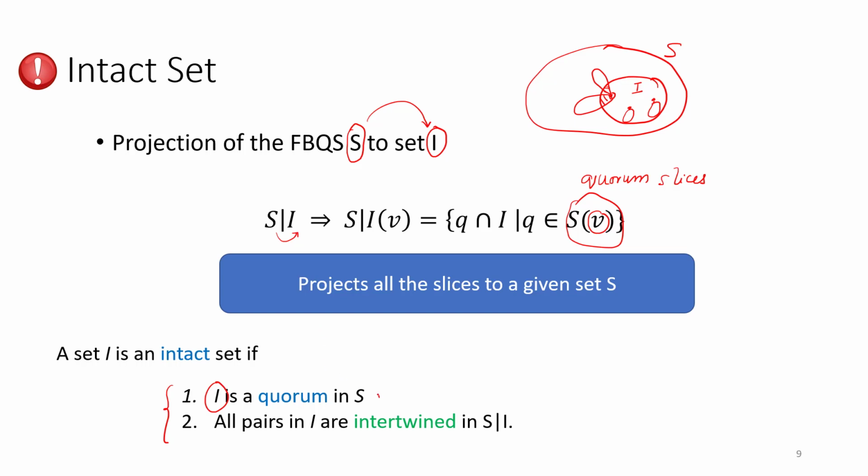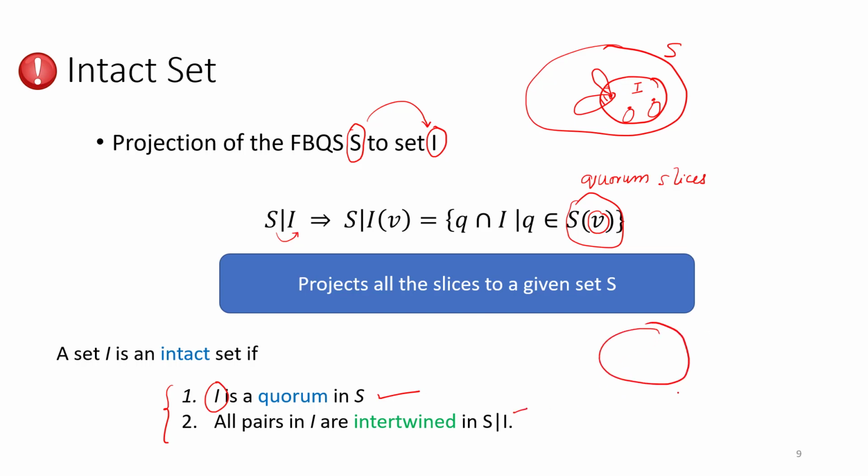So, that is the first condition. The second is if I project S to I, in the sense I only look at all the nodes and quorum slices of S that have a non-zero intersection in I, then any two nodes in I are intertwined in this projection. So this basically means that this is kind of a self-contained set.